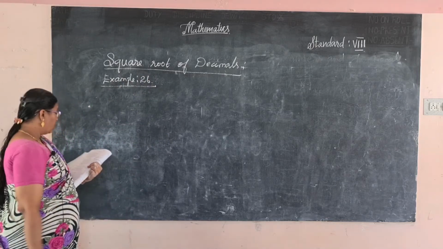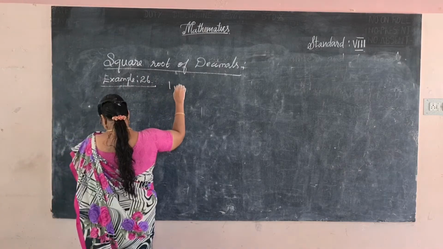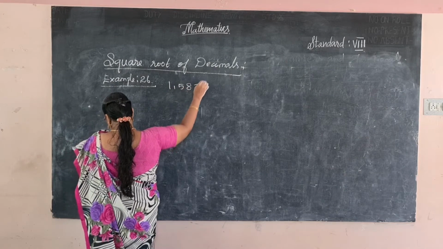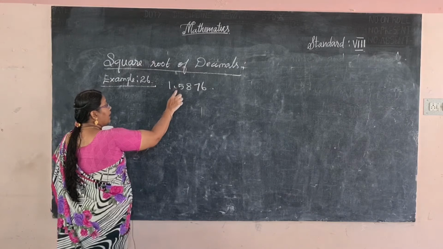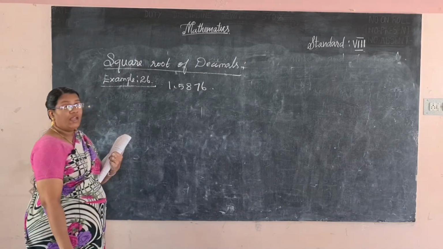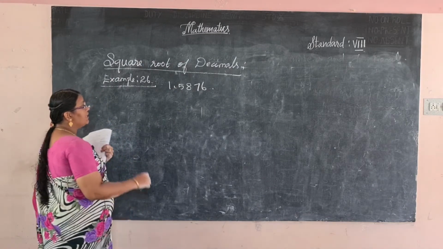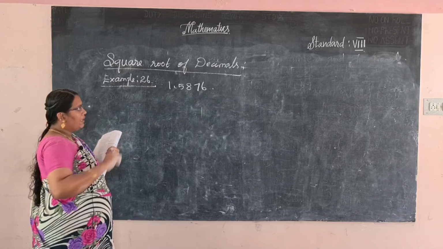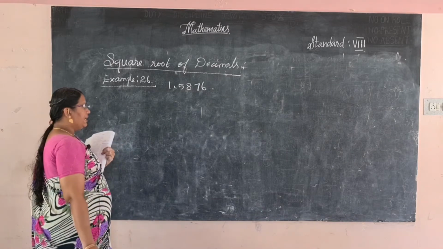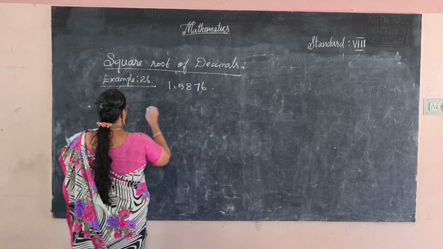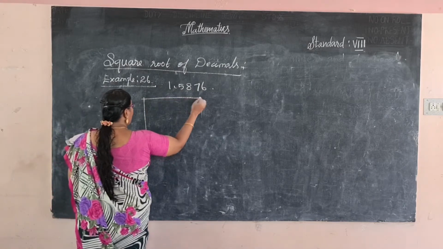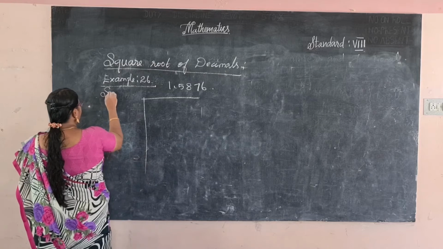Find the square root of 1.5876 using the long division method. After the decimal point, you should read the numbers individually.